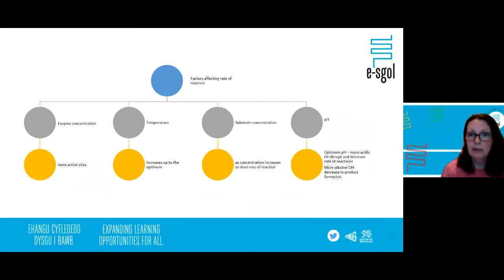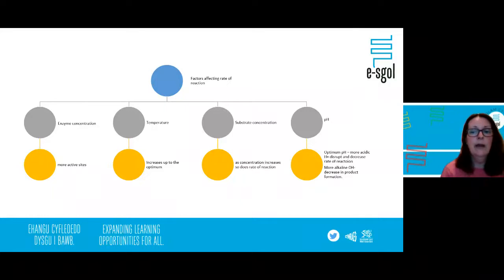If we look at temperature, then temperature affects the rate of reaction. As temperature increases up to the optimum, the rate of reaction can also increase. However, after the optimum, we remember that the rate of reaction decreases because the active sites on those enzymes have been denatured, and that means the enzyme substrate complex cannot form.